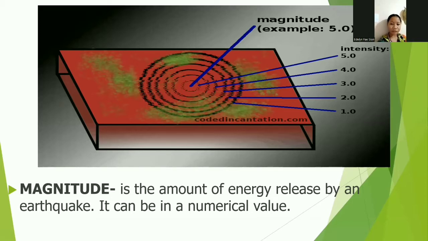Magnitude is the amount of energy released by an earthquake. It can be given a numerical value. Again, class, what is magnitude? Anyone? Yes, Hans. Very good. Magnitude can be given a numerical value. It is the amount of energy released by an earthquake.